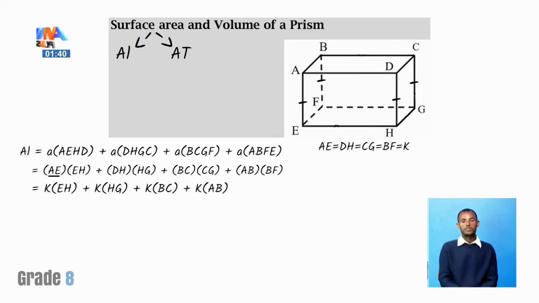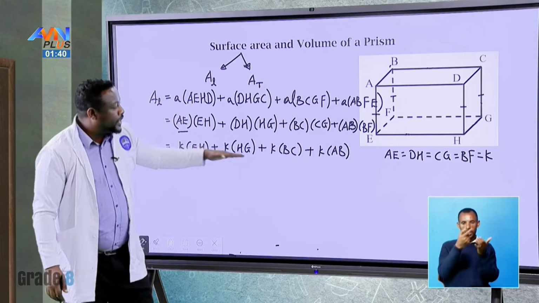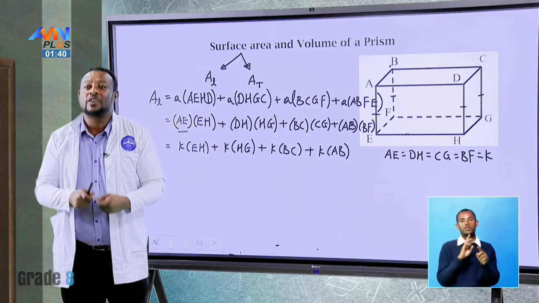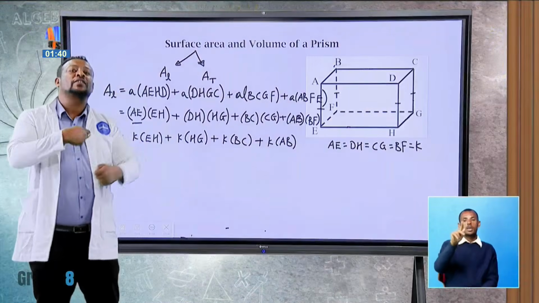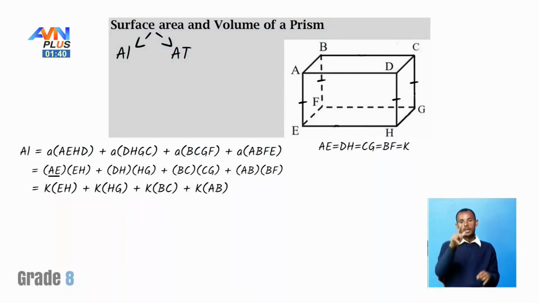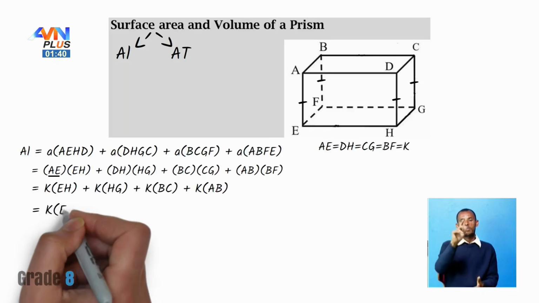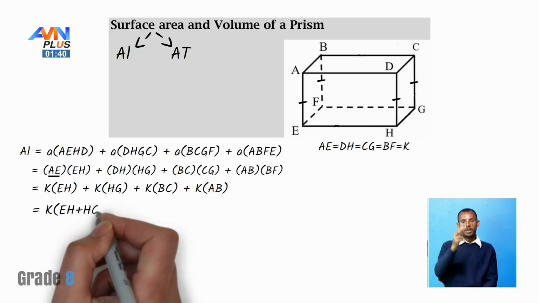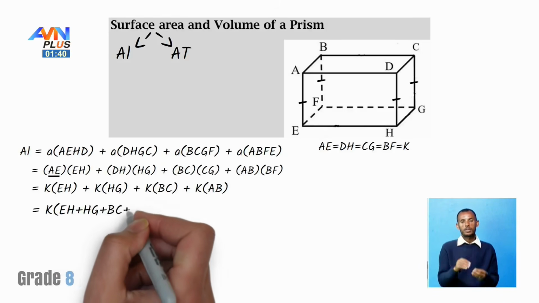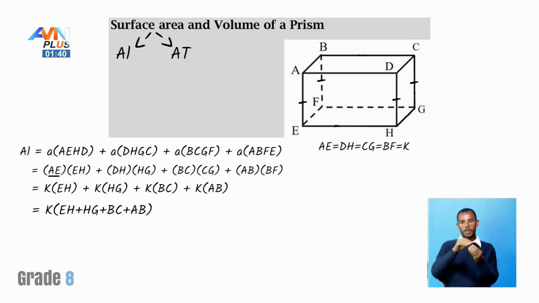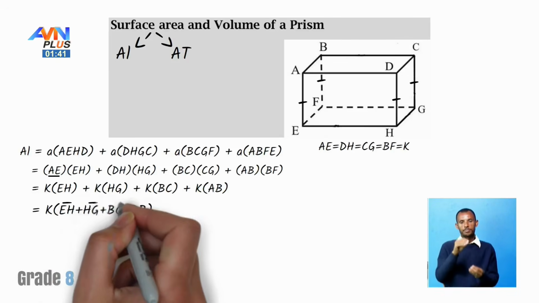Here in all these terms we have a constant K, so you can factor out K, and it becomes K times EH plus HG plus BC plus AB.